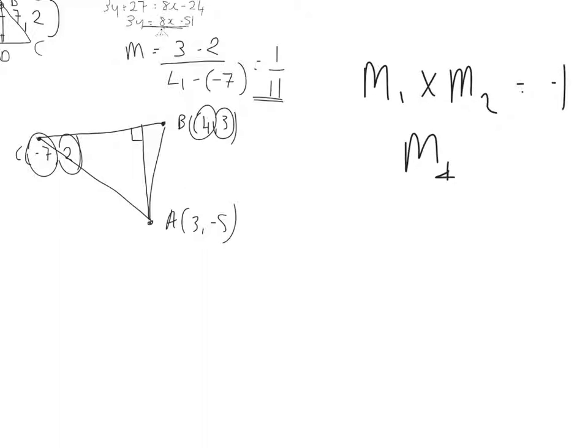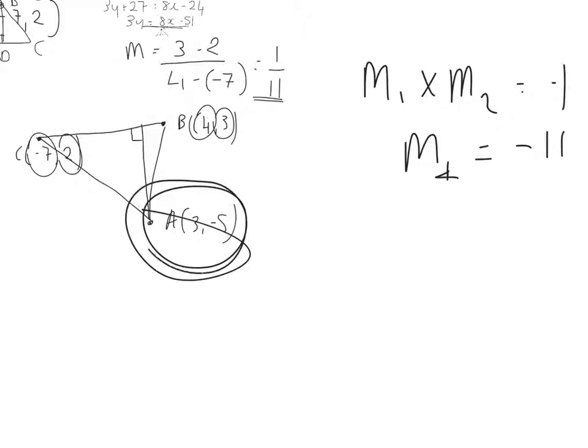So the gradient of the perpendicular line, so I flip 1 over 11 over and change its sign, so that will be -11 over 1, which is -11. I then use the point that lies on the line, which is (3, -5). And it's y minus b equals m bracket x minus a.